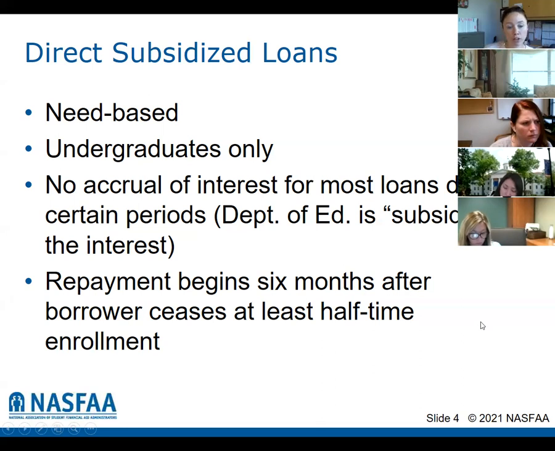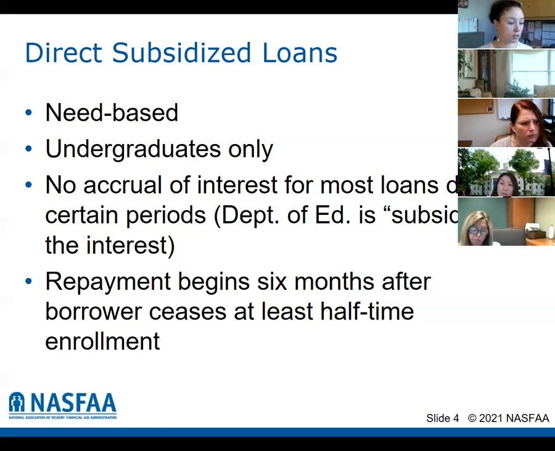So all direct loans, the student borrows, they need to be at least half time. They need to be matriculated in a credential seeking program. And once they are no longer half time or have graduated from that program, they get a 6-month grace period in which, in the case of a subsidized loan, the loan continues to behave like the student is in school.